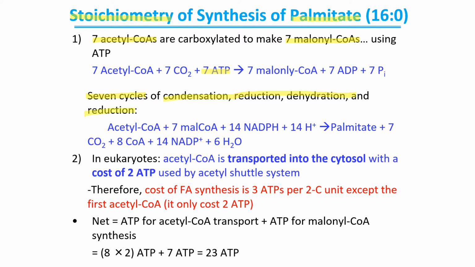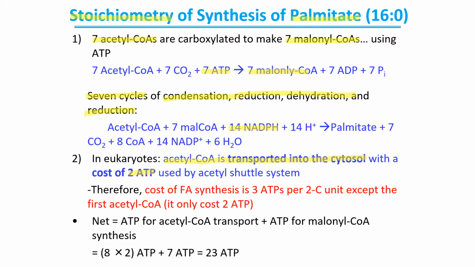This process used 14 NADPH molecules, 1 acetyl-CoA and 7 malonyl-CoAs, which we produced here. Now an important energy consumption is the transport of acetyl-CoA that we saw in the beginning as well. That acetyl-CoA was transported into the cytoplasm, and the cost of this process is 2 ATPs.